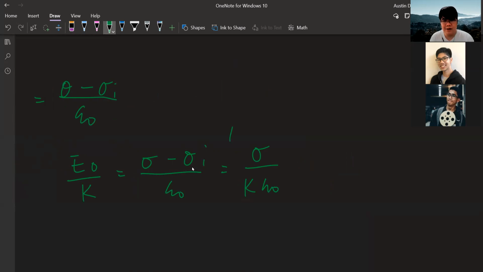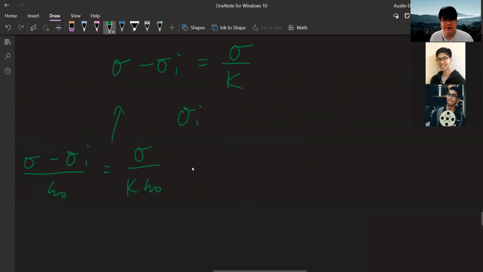So this actually becomes sigma minus sigma I equals sigma over K. Okay, then I isolate sigma I because that would be the amount of charges that is induced. So I have sigma times 1 minus 1 over K.